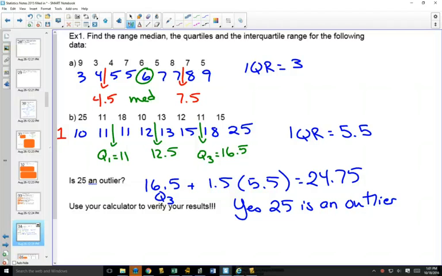Then you would do quartile 1 minus 1.5 times your interquartile range. And anything lower than that would be an outlier. So an outlier is when something is 1.5 times the interquartile range, either above quartile 3 or below quartile 1.